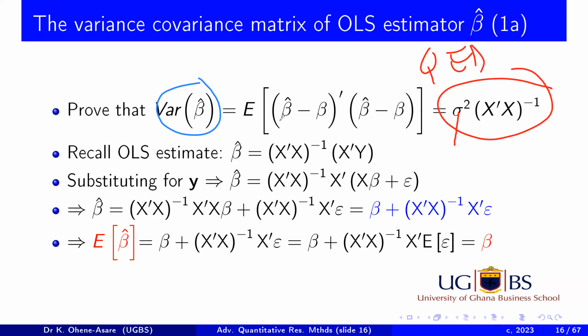But first, you have to understand that the expected value of (beta cap minus beta) times (beta cap minus beta) transpose is also equal to that. So first, you need to know this. What is that? It is the expected value of beta. This is the true beta value, the true coefficient. But the true coefficient is never known in practice.